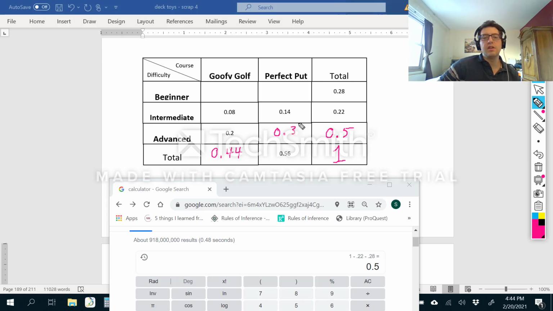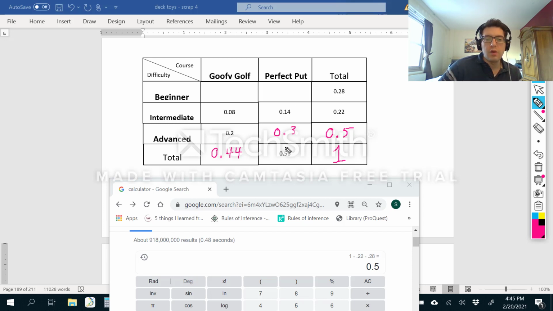And let's see, what else can we figure? What about this one over here? I can't figure this out yet based on the row because I still have a blank spot in the same row, but I can figure it out if I look at the column that it's in. I filled out everything else in the column.